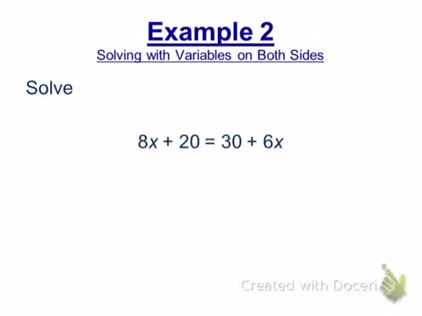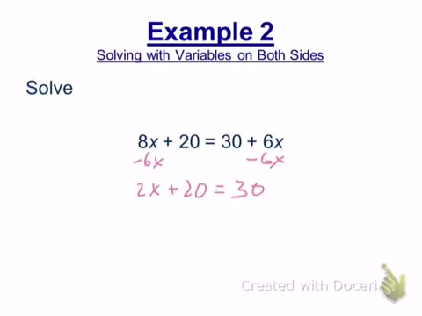It's just not expedient. What did the Apostle Paul say? He said all things are lawful, but not all things are expedient. In math, it's lawful to subtract 20 first, but don't. Always do variables first. The variable you are interested in, you subtract 6x from both sides, and when you do that, you get 2x plus 20 equals 30.